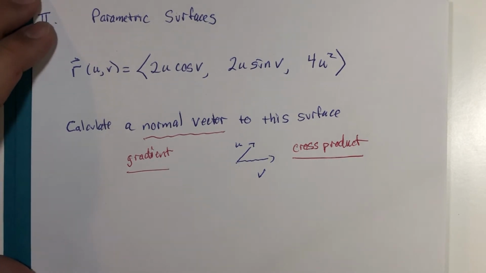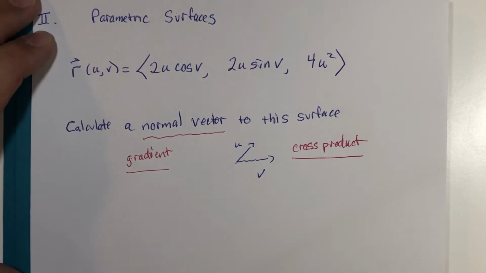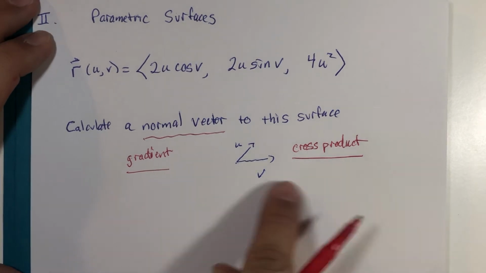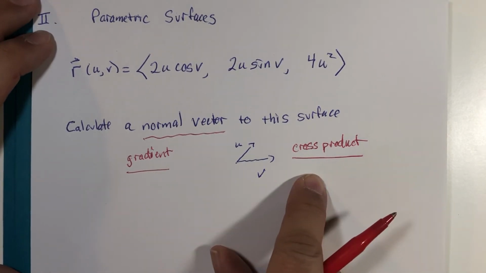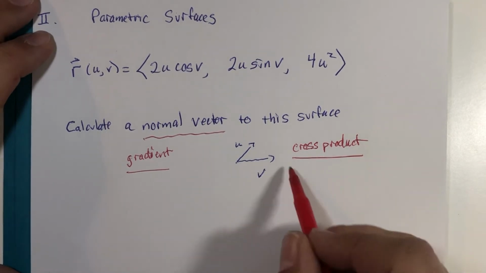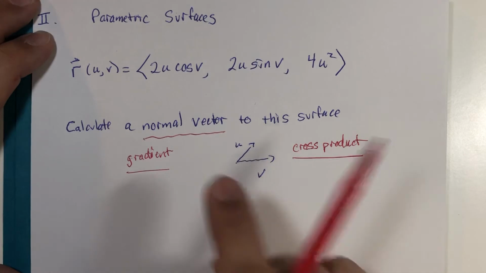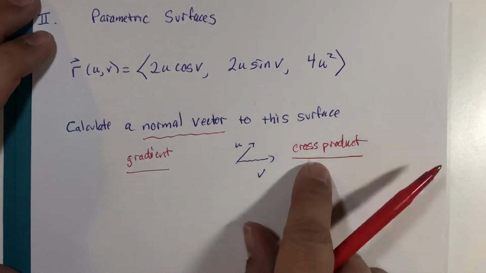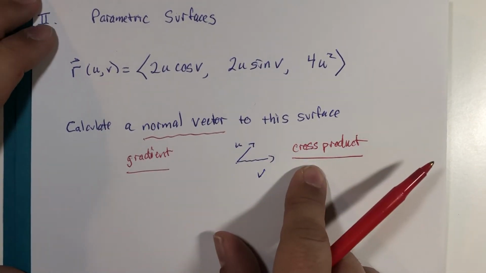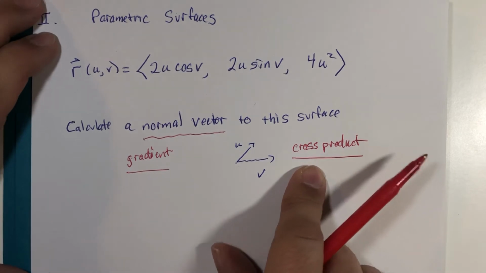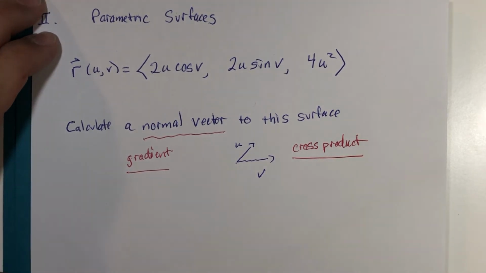So I want to do a little quick comparison here of how these two are kind of related to each other, but save it for a little bit later. Right now I'm going to just do the calculation on this particular problem, but you're going to see me come back and visit these two again, just briefly, just to shed a little bit more light on the subject.